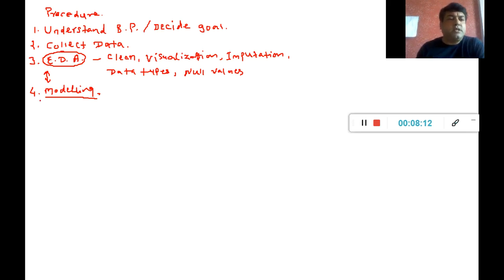So the 4th stage will be the modeling stage. Then we will write different models, and we will try to improve upon our models, okay. Then the 5th stage will be analyzing our models, or assessing our models, okay.